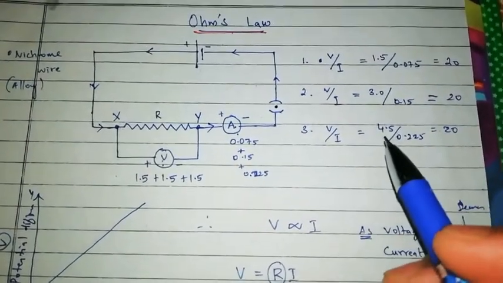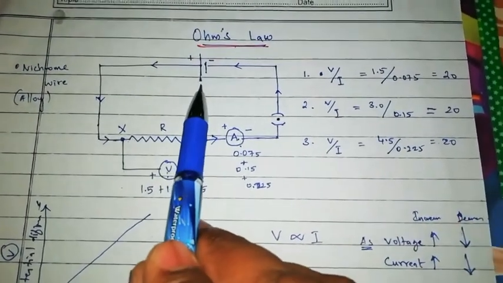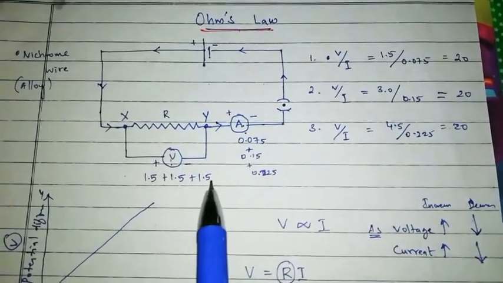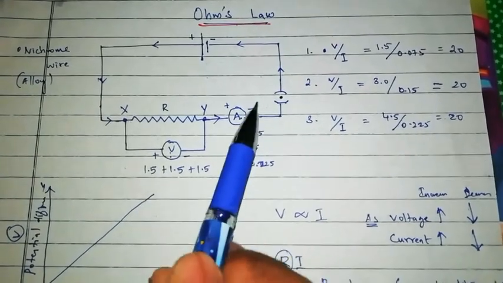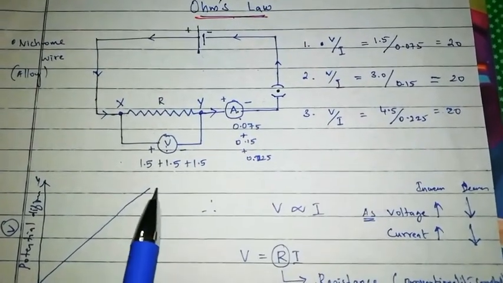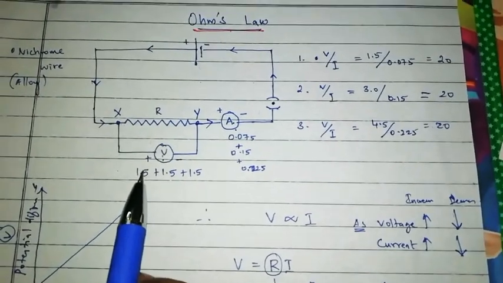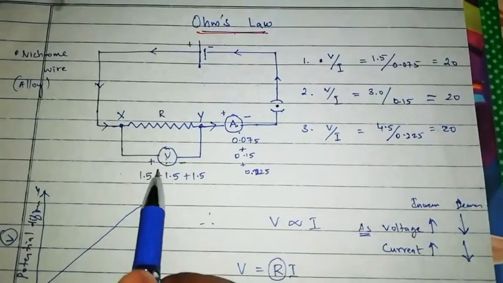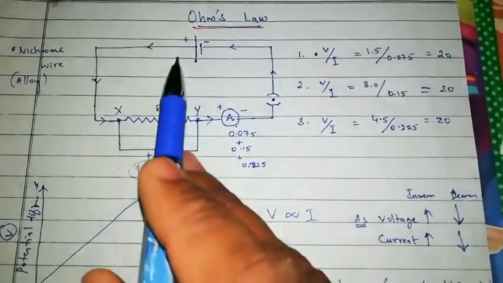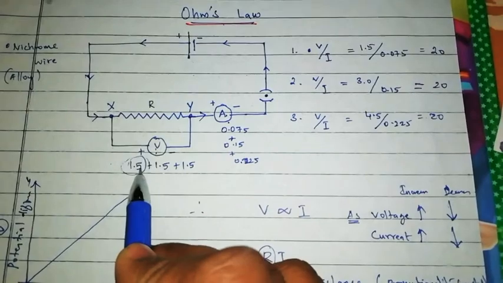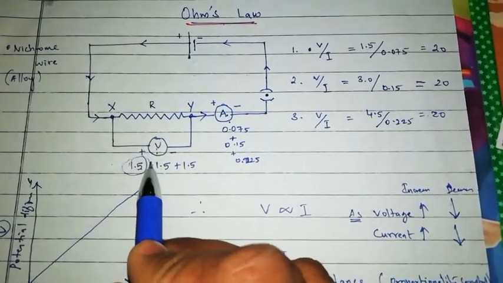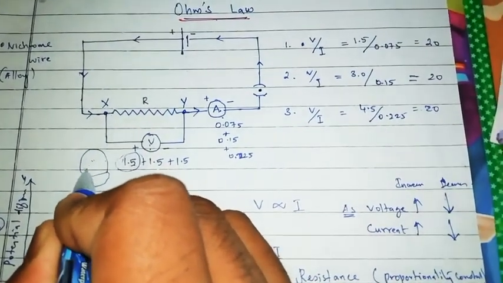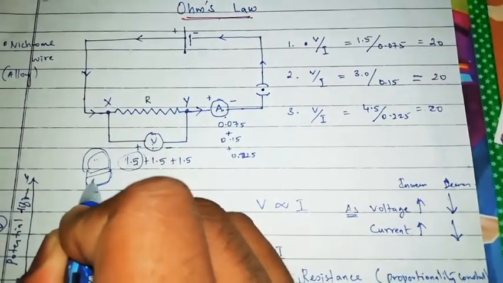Clear? So what I am going to do is, first using only one cell, I switch on the electric current. What happened when we switched on the electric current? Current flows inside, and we have just taken 1.5 volt at first. We are not taking all the cells, only one cell, so the voltmeter shows 1.5 volt first. Think of it that way.